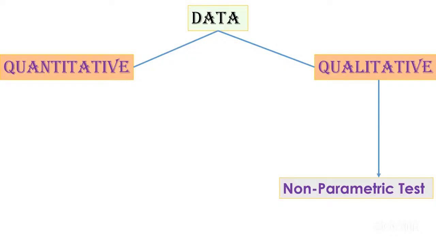Simply you will go to the category of non-parametric test. So I'm repeating once again: if your data is qualitative, no need of thinking much. Simply you are going to go under the category of non-parametric test.